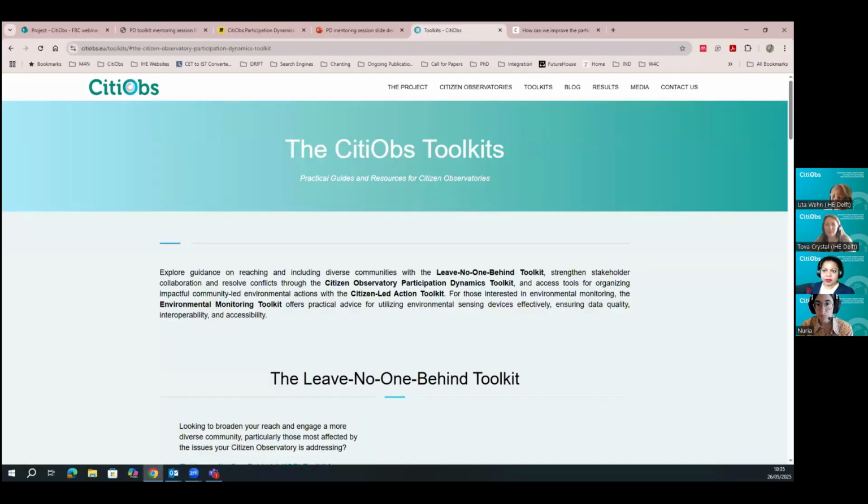Let me know if... Yeah, we can see it, go ahead. Okay, but I can't. Toa, if you can share, because both the screens are showing only the gallery of participants at the moment.